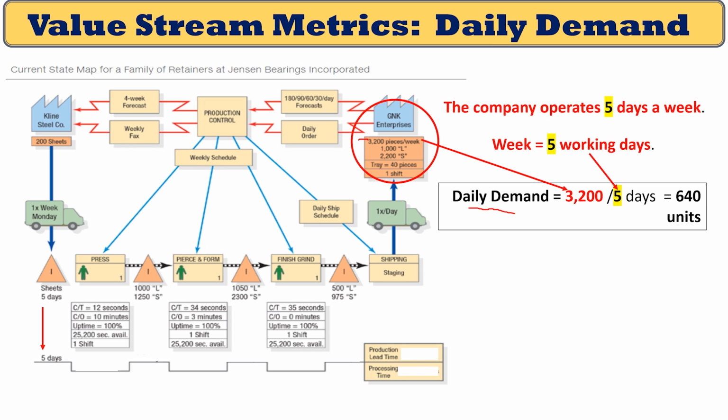The daily demand is 3,200 units per week divided by 5 days a week. That gives us a daily demand of 640 units. This number is really important because we're going to use it to calculate the number of days of work in process inventory between process steps.